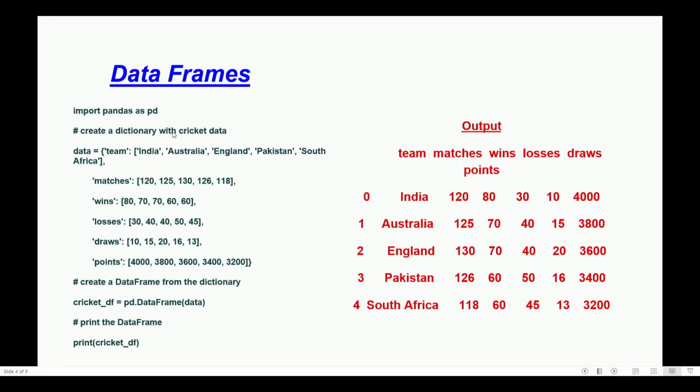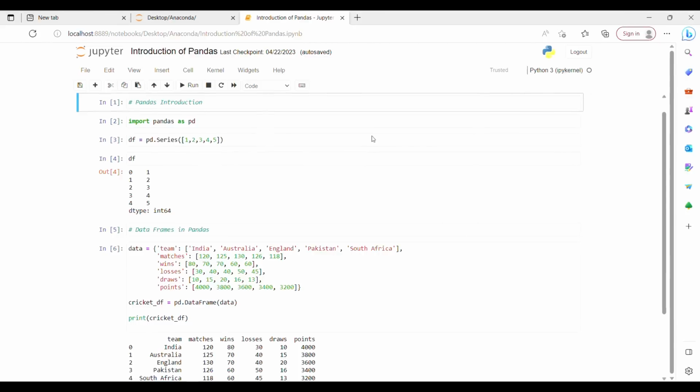First of all, we have created a dictionary, data equals curly braces, and inside it are the columns team, matches, wins, losses, draws and points, and inside those are the values. This is how our data will be reflected in DataFrames. We will now create a Series and DataFrames in Jupyter Notebook. So let's begin.